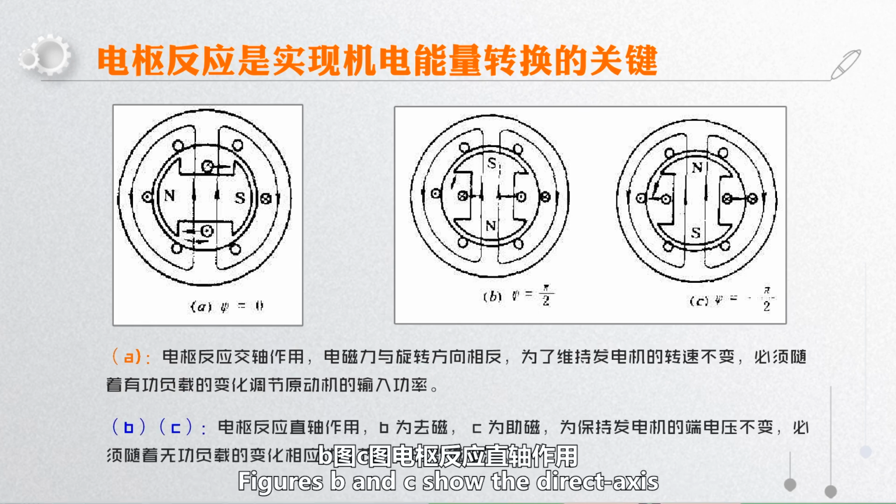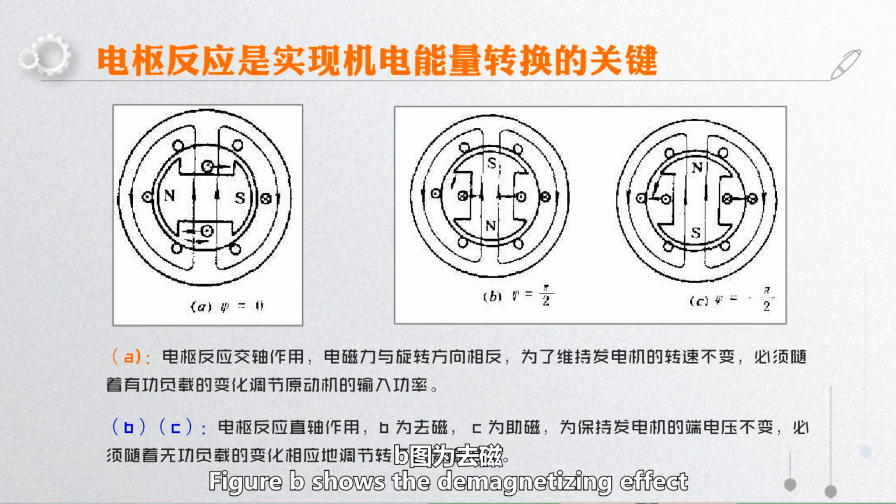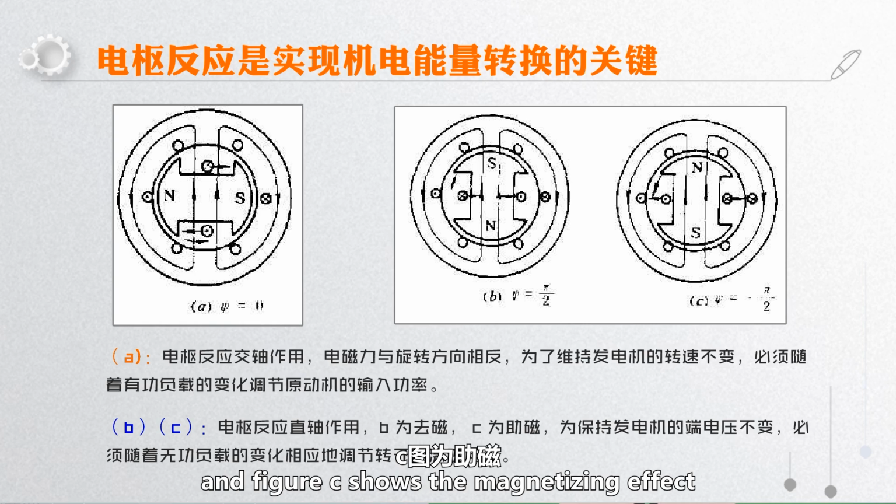Figures B and C show the direct axis effect of armature reaction. Figure B shows the demagnetizing effect, and Figure C shows the magnetizing effect.